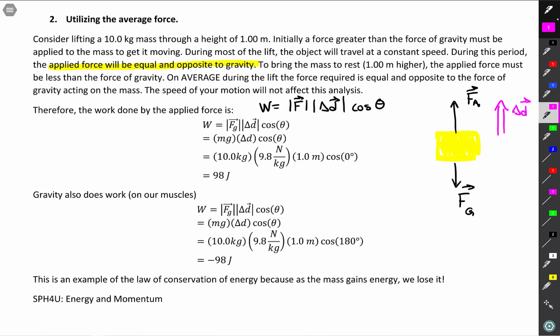That results in an answer of negative 98 joules, which complements the idea of conservation of energy, because the energy that I put into the box is removed from me in the form of work being done by gravity. The energy that the mass gets is what I lose, which is kind of cool.